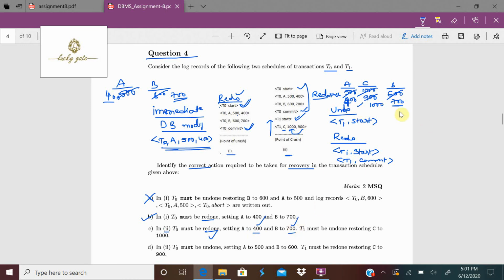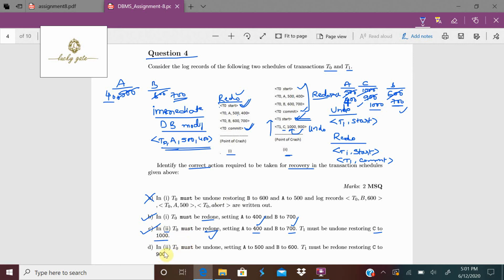This is also correct. T1 must be undone because T1 has only a start but no commit. It is performing an undo operation, restoring C to 1000. After undoing it, what is the value of C? 1000. So option C is also a correct statement.